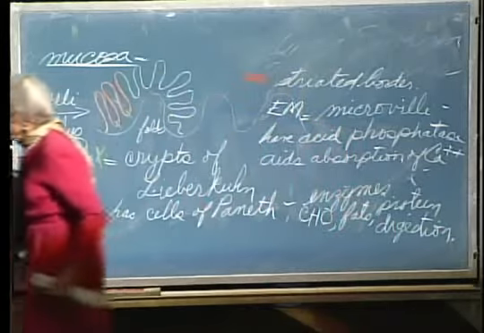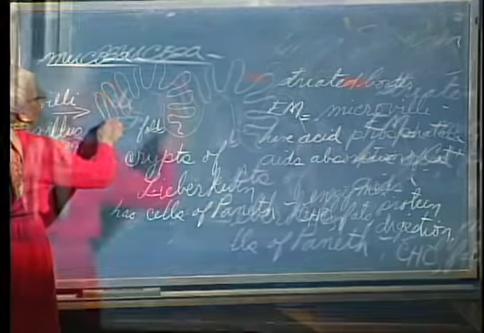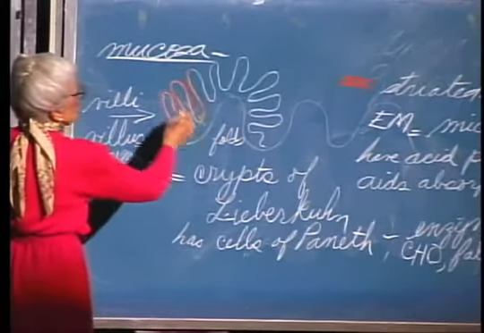What else is important about the crypts of Lieberkühn? That the cells that line the villi are being produced at the crypts of Lieberkühn.